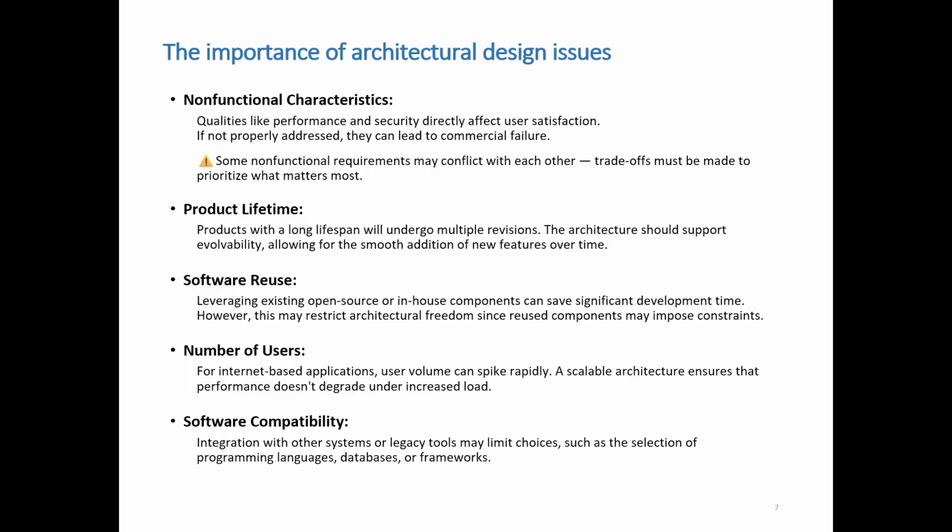For example, you might have to use a certain database just because everything else in your client's environment depends on it. So ultimately, designing software architecture isn't just about picking what you think is best. It's about making smart, context-aware decisions that align with all of these influences.